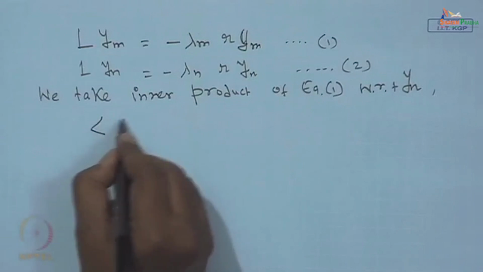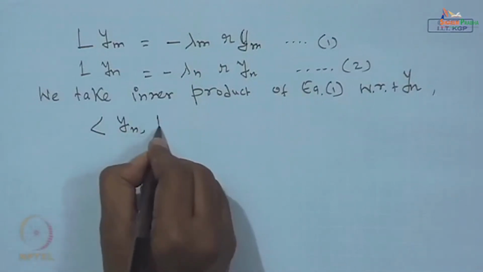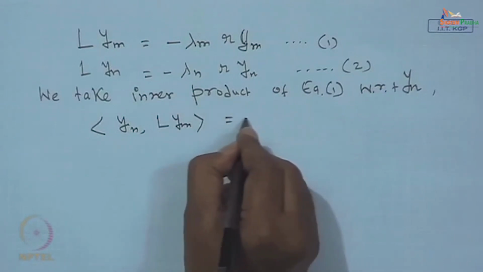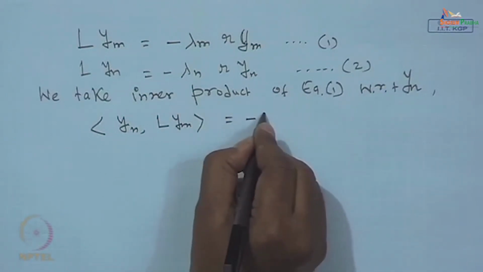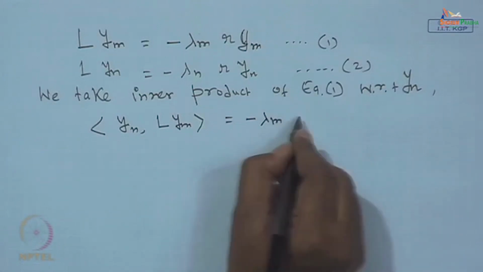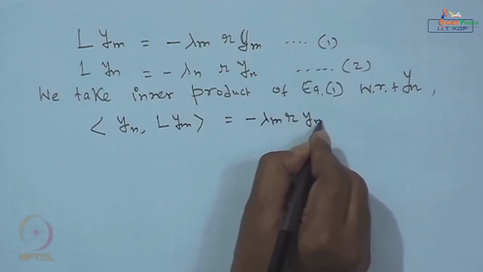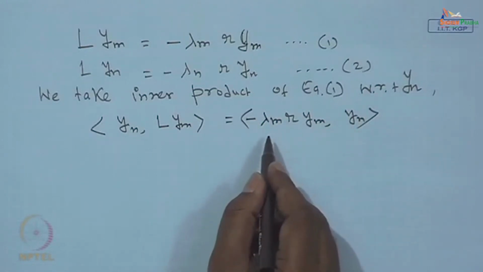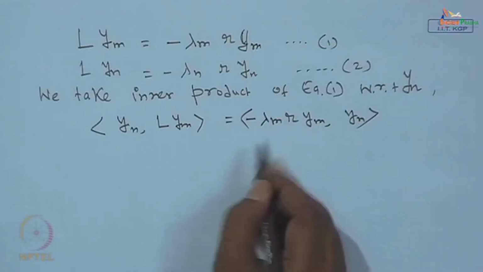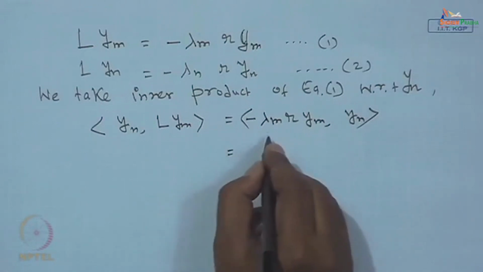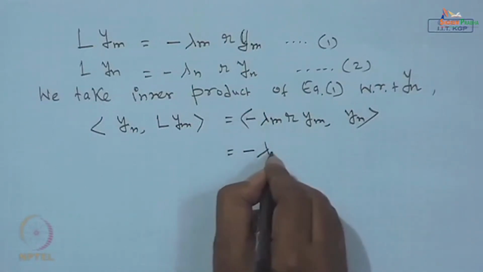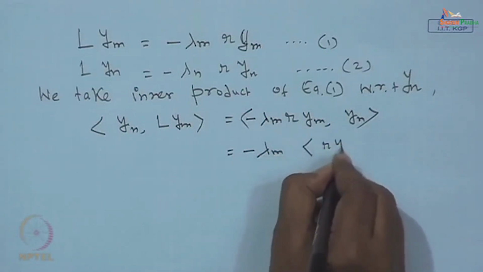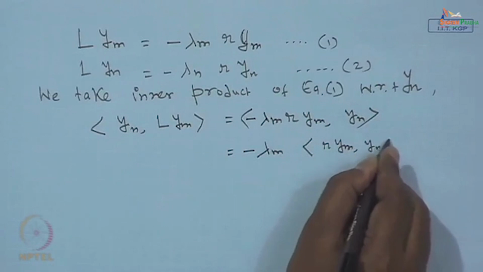We get the inner product of y n and L y m is equal to minus lambda m times the inner product of r y m and y n.